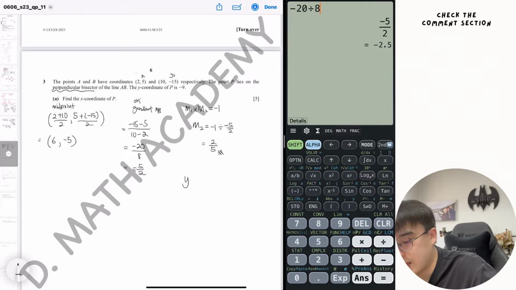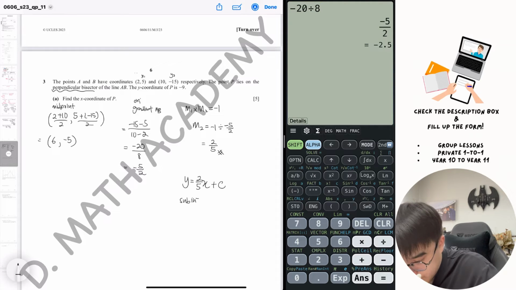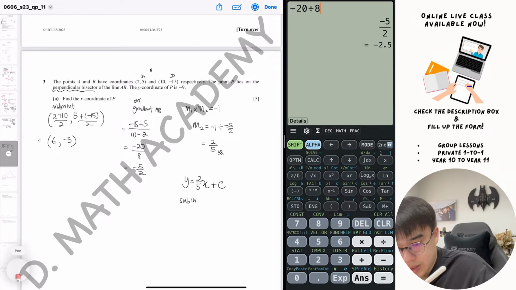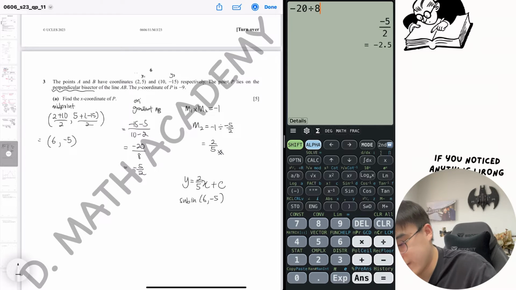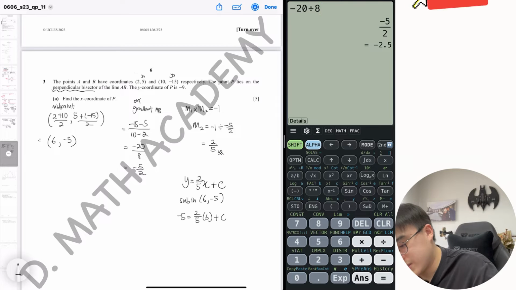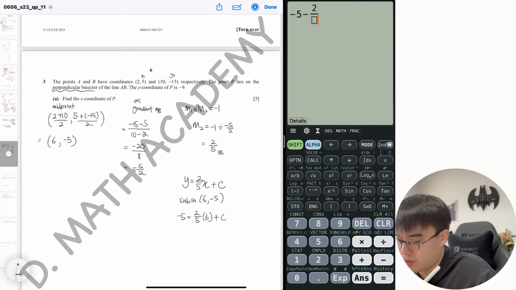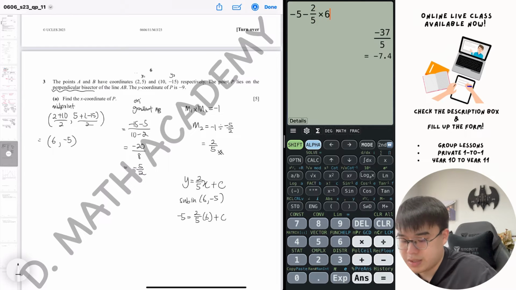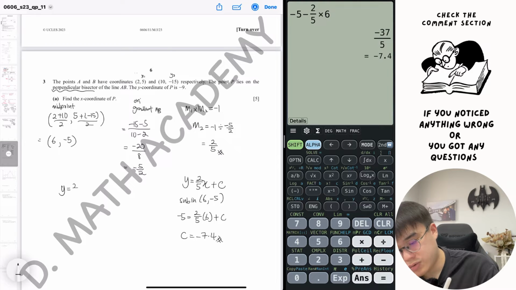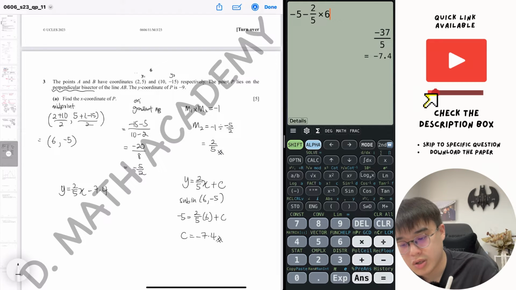So we have y equals 2 over 5 x plus c, and since we sub in the point (6, -5), you will get the c value of -5 minus 2 over 5 times 6. That is -7.4. So y equals 2 over 5 x minus 7.4.